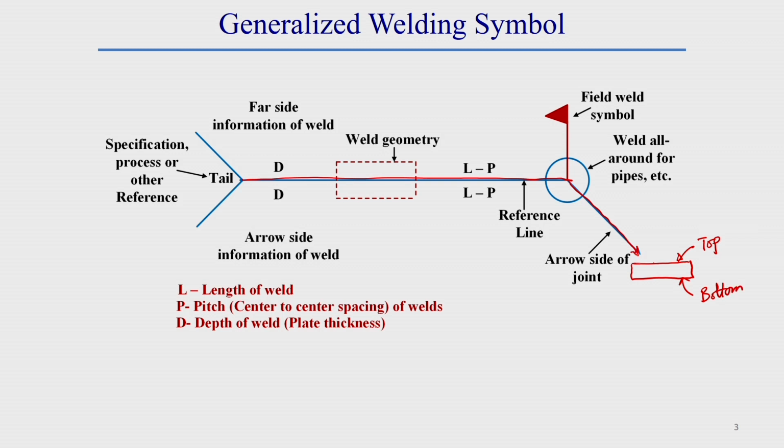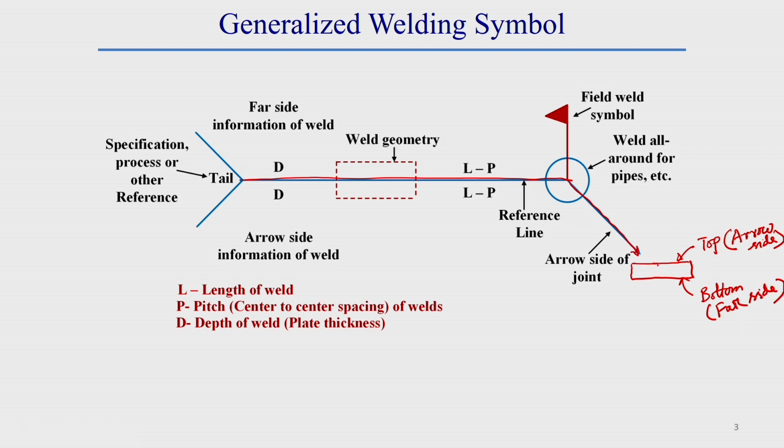So, this top side, where the arrow is facing, is called the arrow side, whereas the bottom side, opposite to the arrow side, is called the far side.